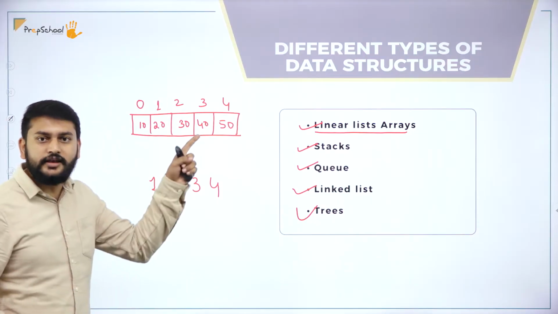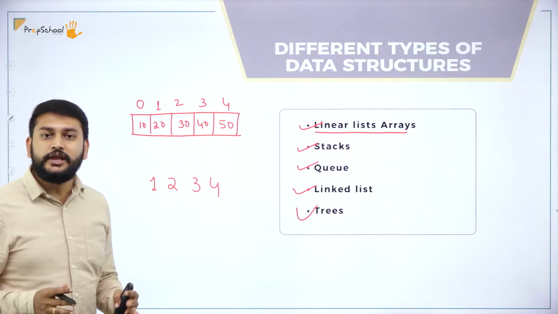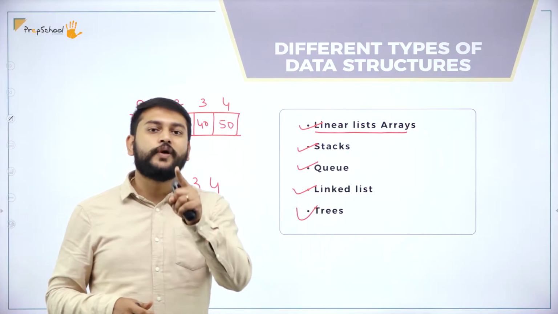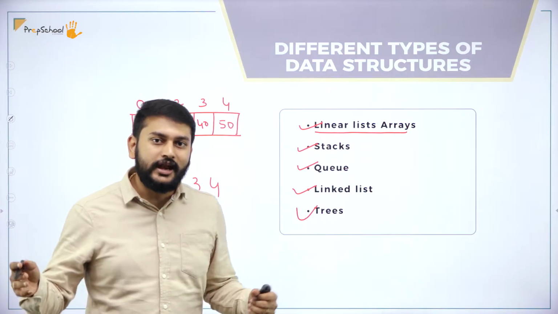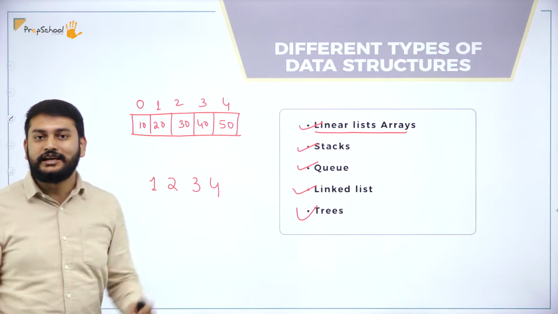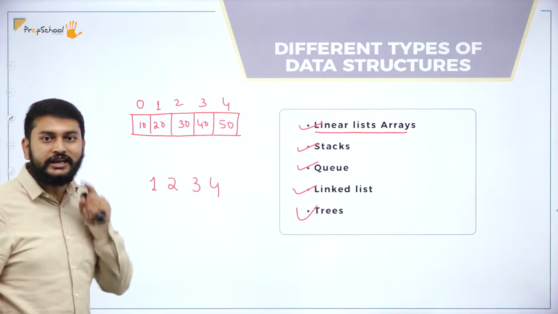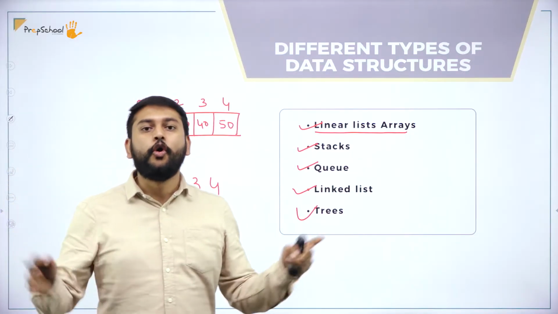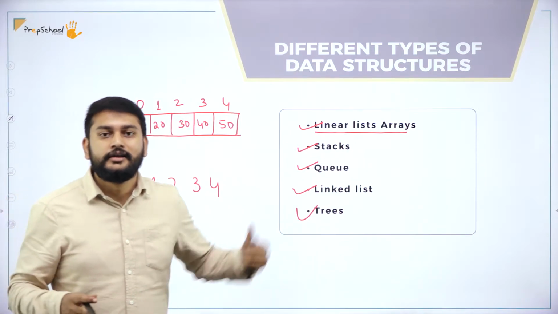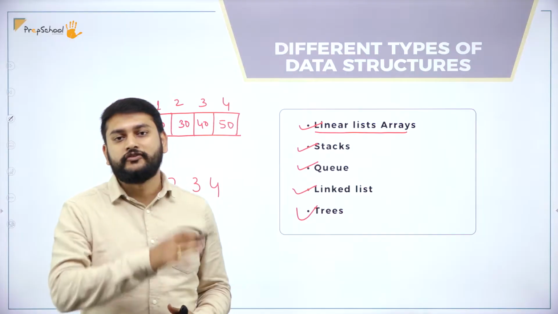If I'm storing the data in the array, I should store only one type of data. If I'm storing integers, I have to store only integers. I cannot store multiple types of data inside the array.